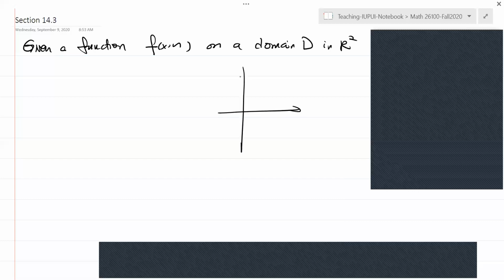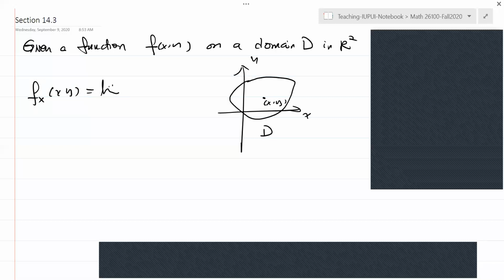This is the x-axis, and this is the y-axis. Here's the domain D. Now, at point (x, y), the partial derivative f_x(x, y) is defined to be the limit of this.